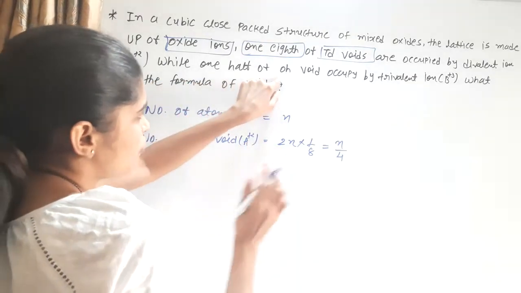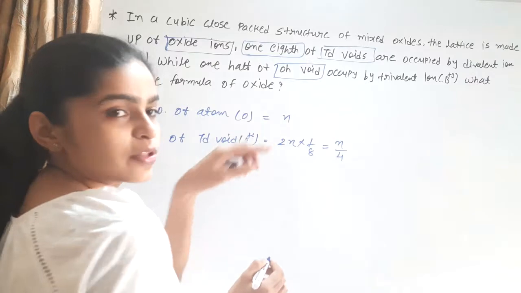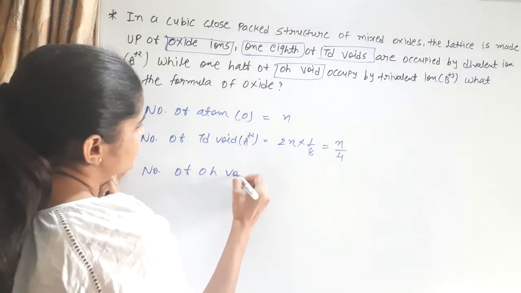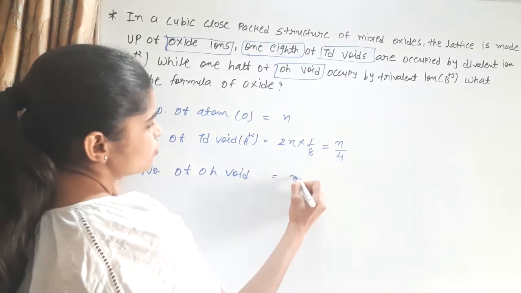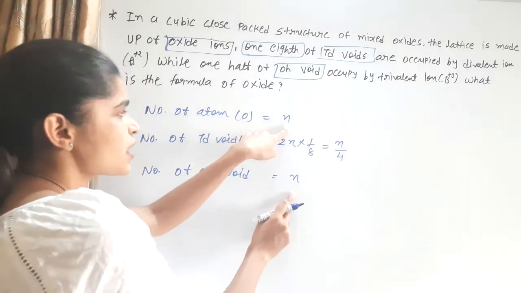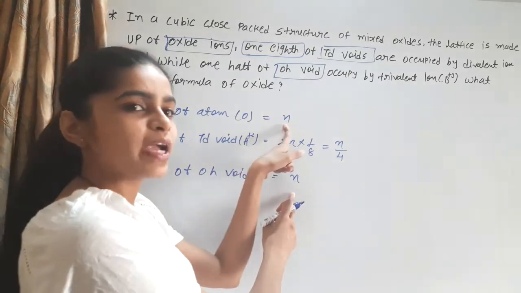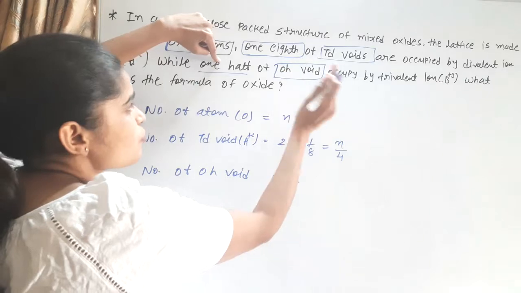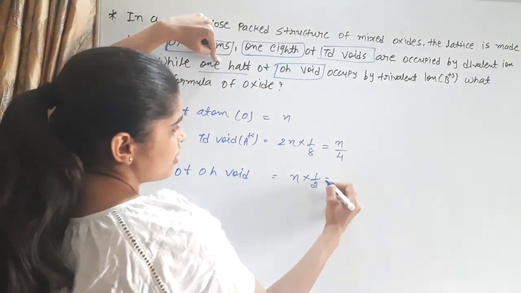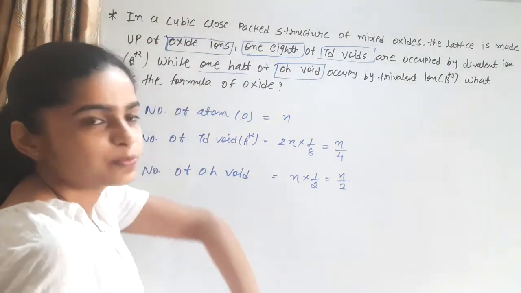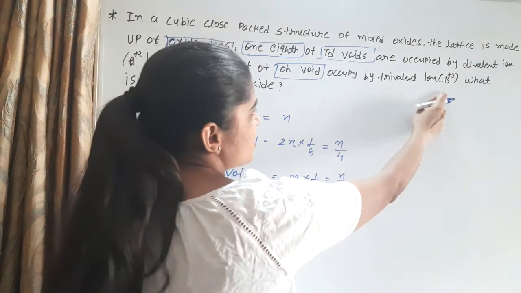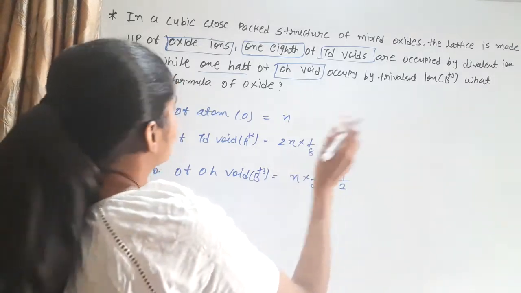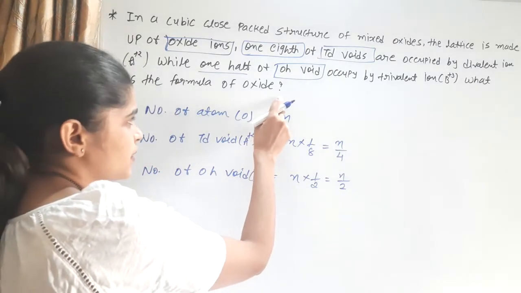While 1/2 of the octahedral voids are occupied by a trivalent ion, B plus 3. First of all, we know that the number of octahedral voids is equal to n, because the number of octahedral voids is equal to the number of atoms in the unit cell. Half of that is n by 2. What is the formula of the oxide?